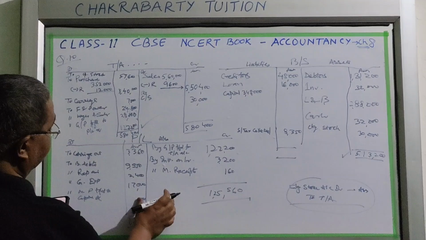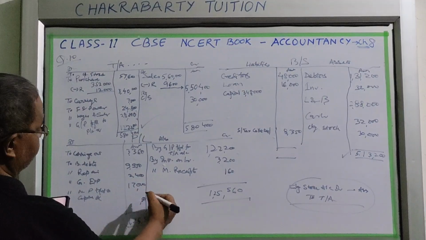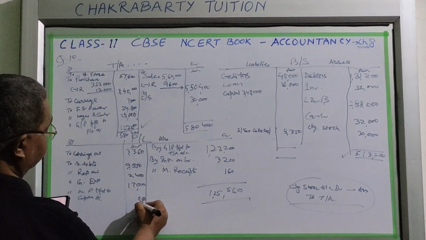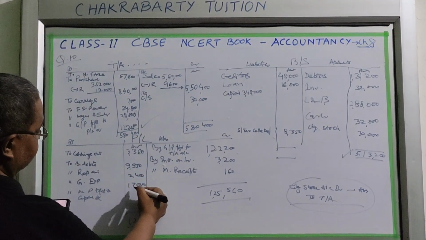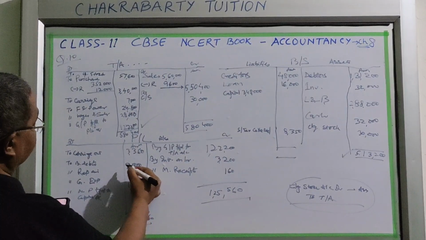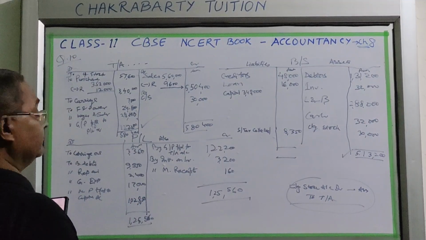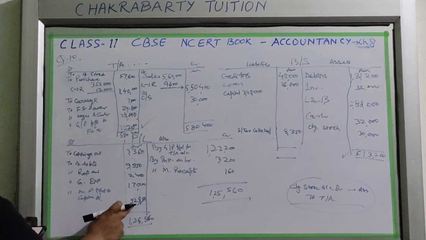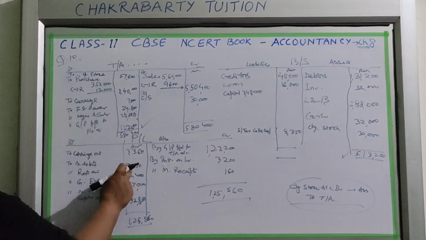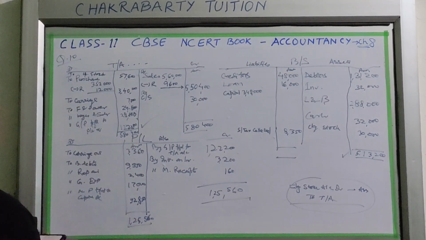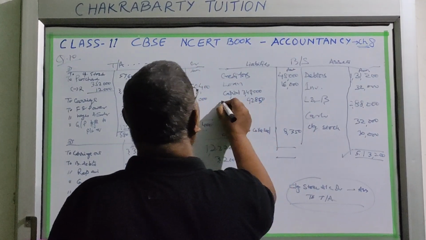So now your net profit is 92,850. Okay, this is the difference figure, whatever difference figure is coming, and you put this comma so that you can total your amount. So 92,850 will come here.